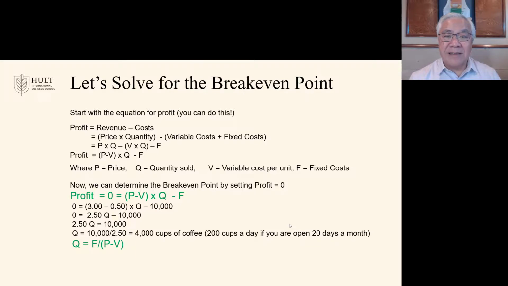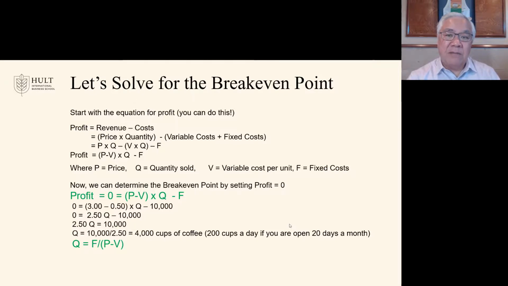Doing the math to simplify it, moving the Q to one side and the fixed cost to the other side, and then dividing the fixed cost by the profit contribution, we get the answer: 4,000 cups of coffee per month. And if we're open 5 days a week, 4 weeks a month, that's approximately 200 cups a day we need to break even.